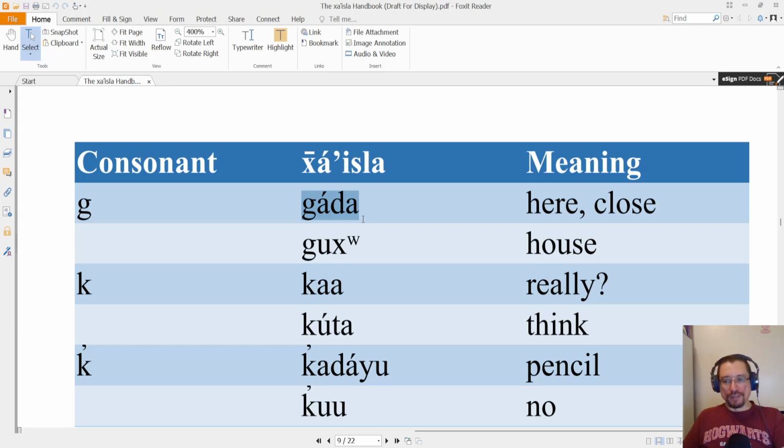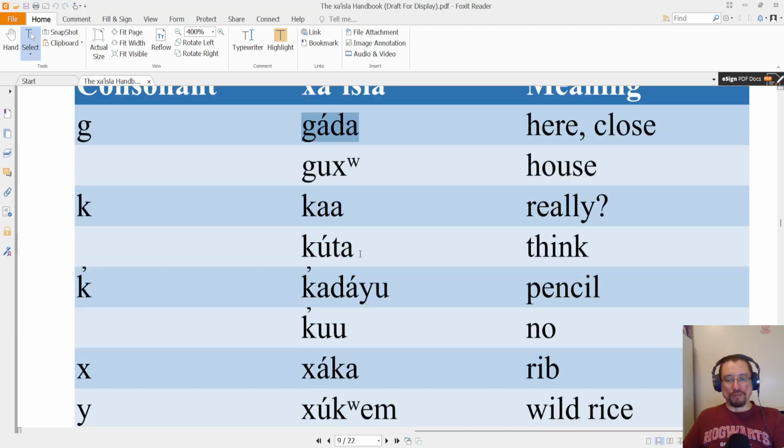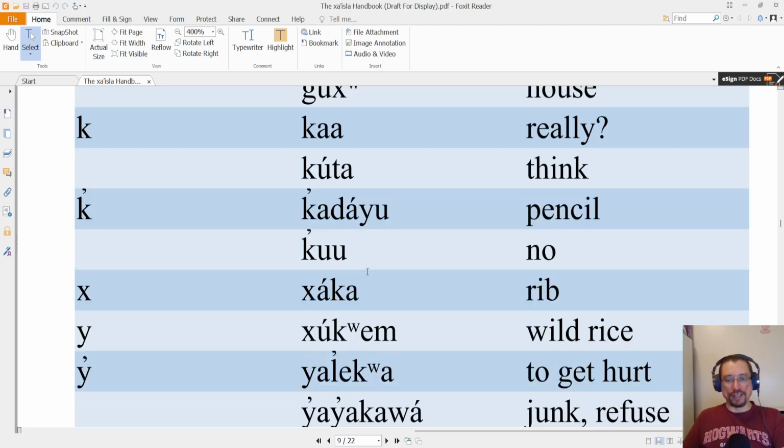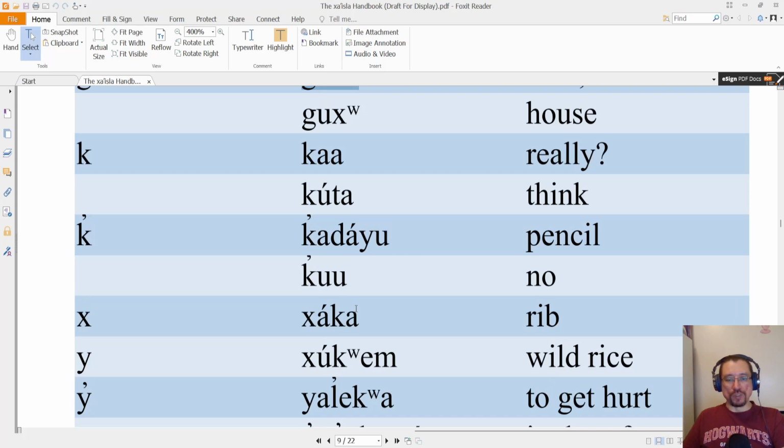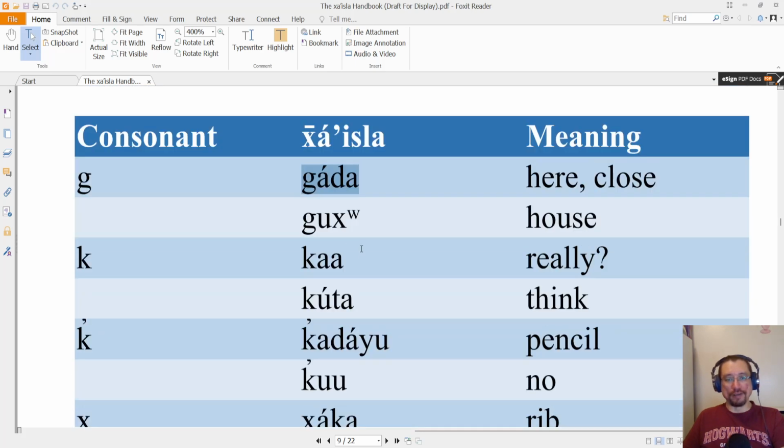I believe I have a revised and edited version somewhere where I added more examples, but for these purposes, I only used 2 examples for each letter. So the first one, as we mentioned, gyada. And you notice this time the acute accent, the little slanted dash, is in the right place. It's on top of the first A, so it's gyada.